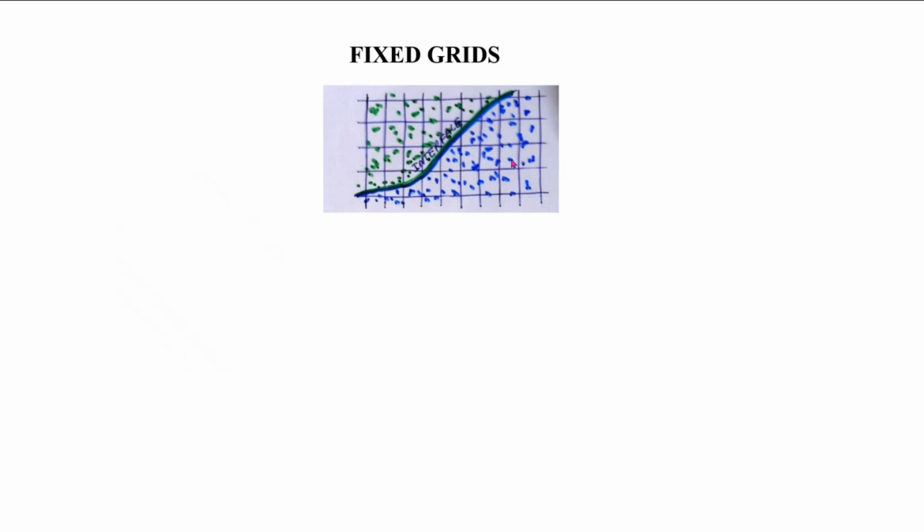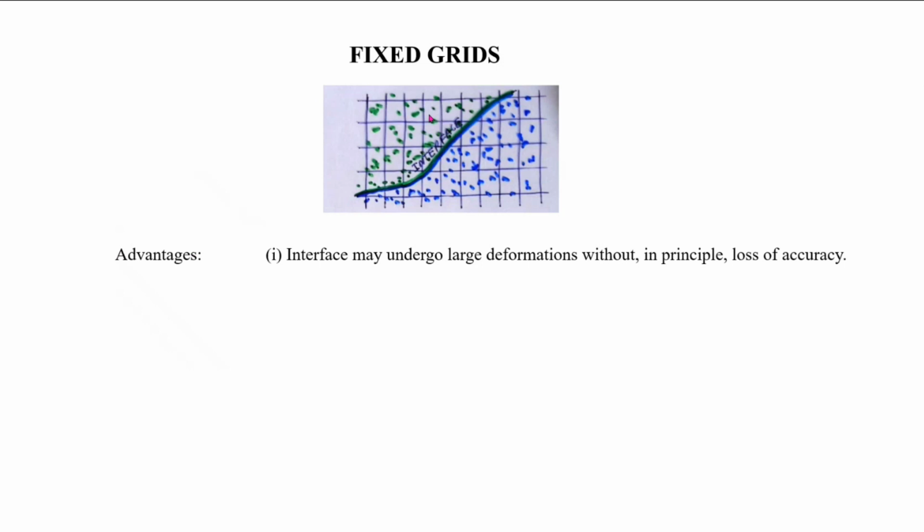So the grid is fixed, but the interface moves. So what are the advantages of this concept? The interface may undergo large deformation without, in principle, loss of accuracy. So it's very easy to consider large deformations. It is relatively straightforward to handle multiple interfaces.